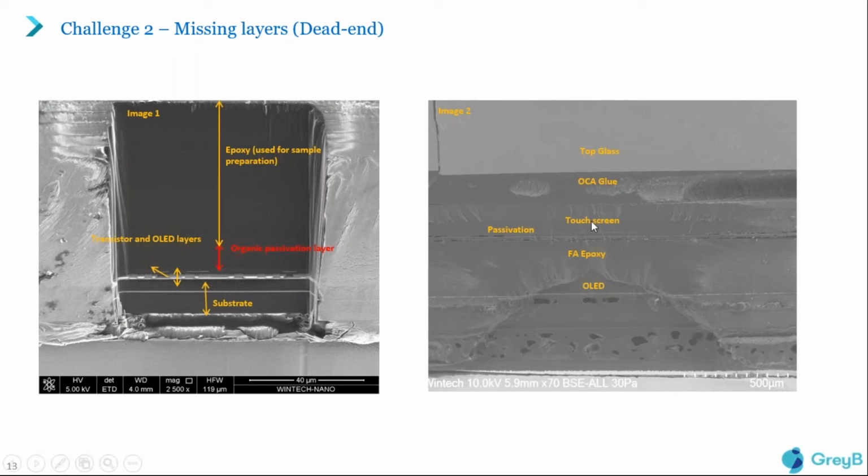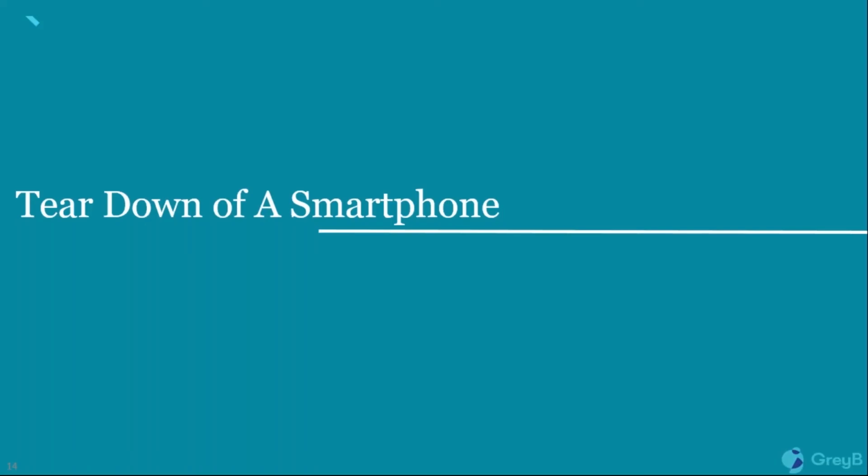These layers were getting peeled off with the glass, and that's why they were not coming in our study. When we did the sample preparation along with the glass, we were able to see those layers too. So, Deepak, this was an example which we recently did.